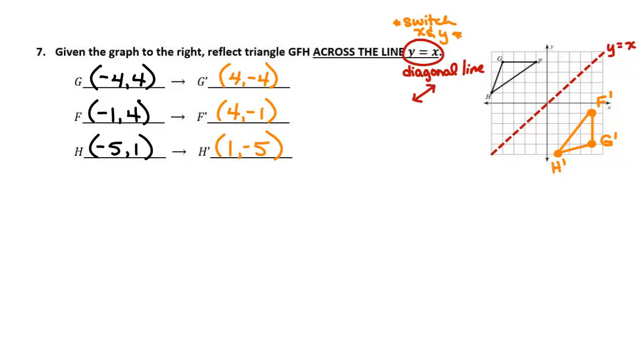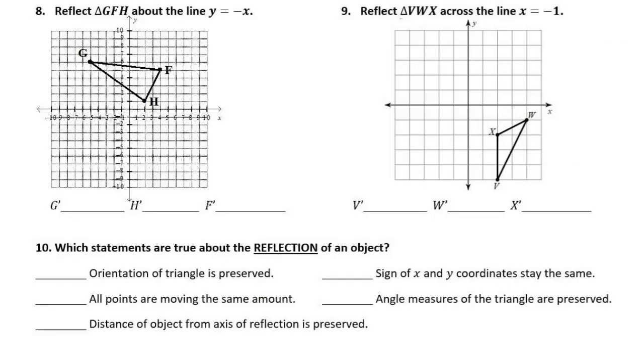All right. Just a little bit more to go at the bottom of the page. Let's look at number 8. Reflect triangle GFH about the line y equals negative x.